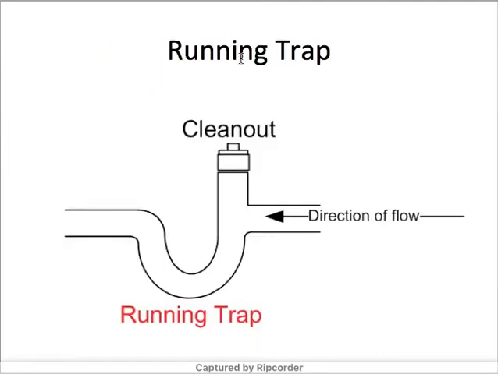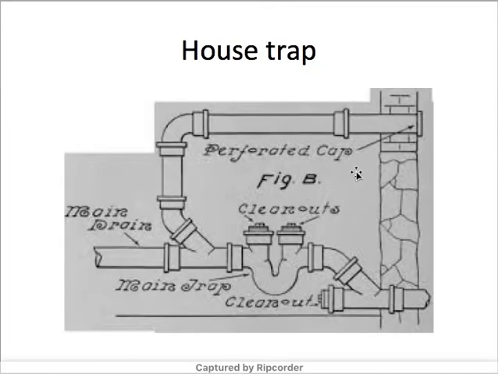And next we have the running trap. Most people in New England have probably seen those. They were very popular in maybe the 50s as house traps. Ever seen this combination at somebody's house? They like these taken out oftentimes. If it was cast iron, you'd strap that up to a joist, this 4-inch here.